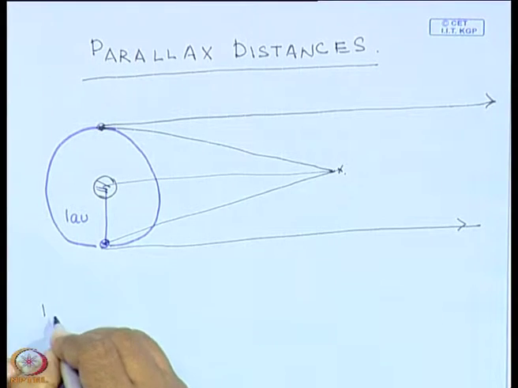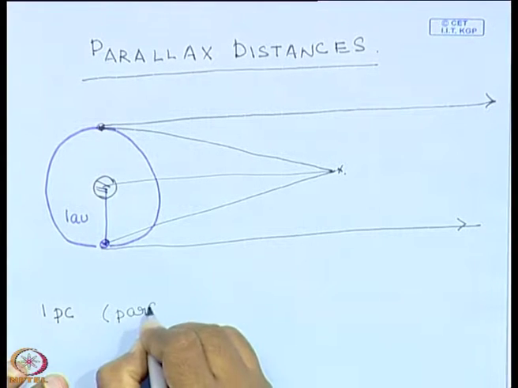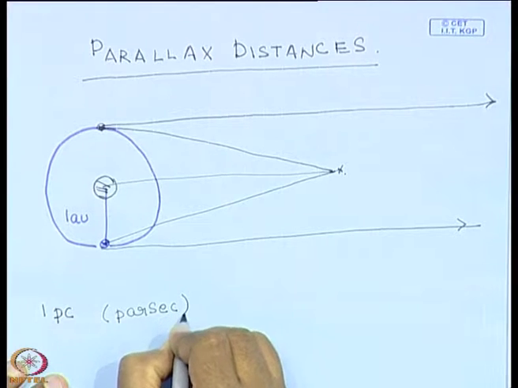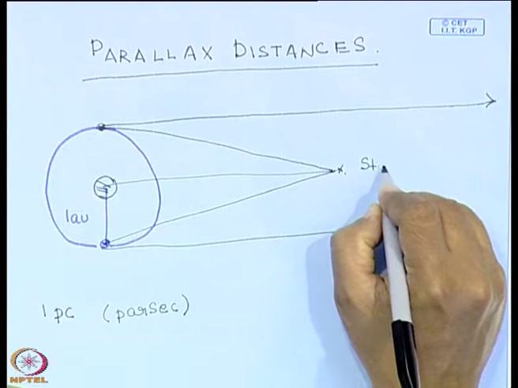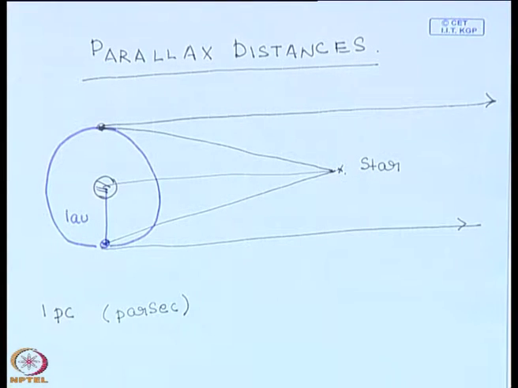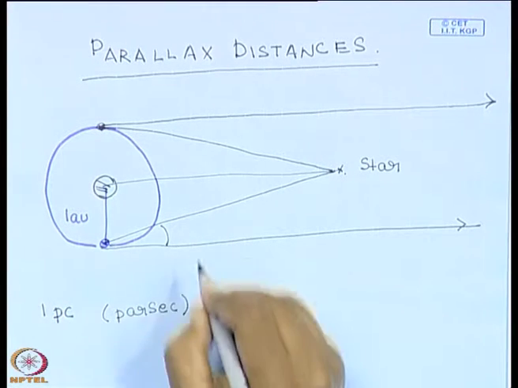So, the unit of distance beyond the solar system is a parsec, which is denoted by 1 pc, for parallax per second, and it is the distance where if I place a star here at this distance, this parallax angle would be 1 arc second.